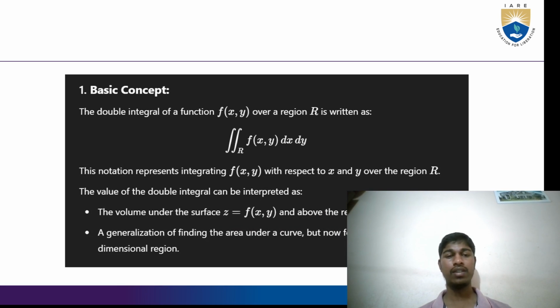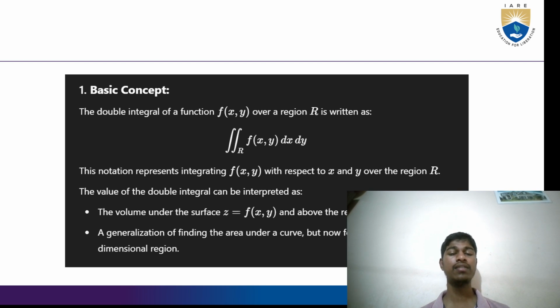The basic concept. The double integral of a function f of x and y over a region R is written as double integral over R of f of x and y dx dy.